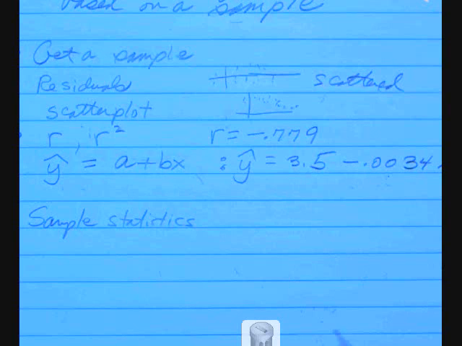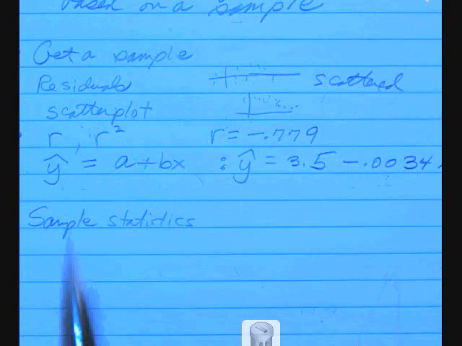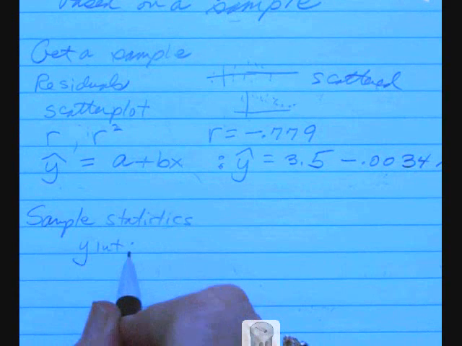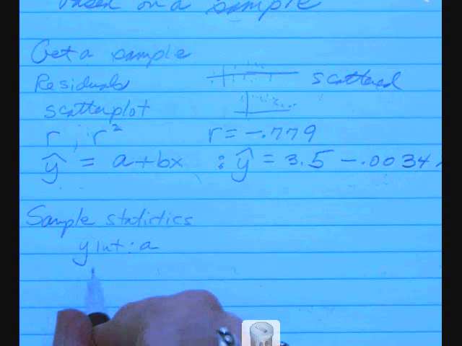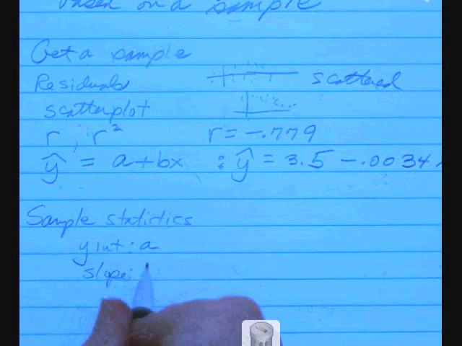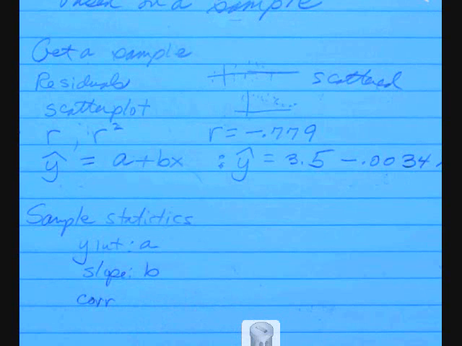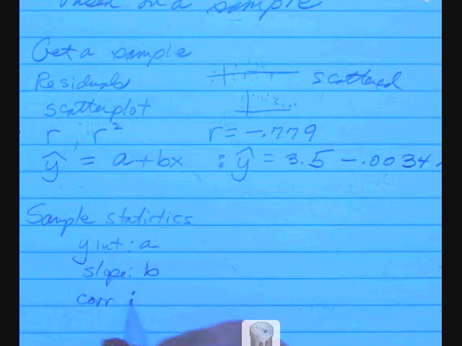Our sample statistics for our regression line are going to be our y-intercept. That's A. Our slope. That's B. And our correlation, or we can do the coefficient of determination, whichever one we want. I'll just do correlation R.